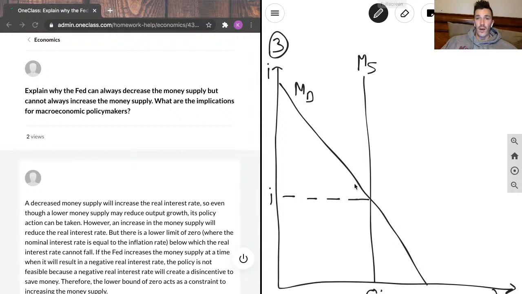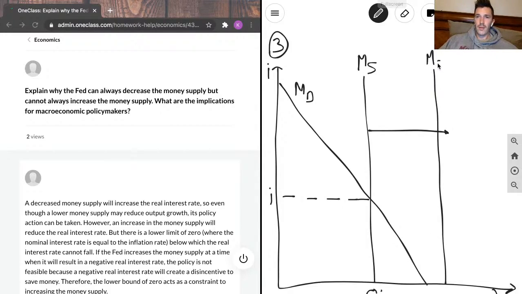However, the money supply cannot always be increased because if we move it too far to the right, if we introduce too much money into the economy, call this MS prime, then we can reach a point where the money supply curve and money demand curve no longer intersect.